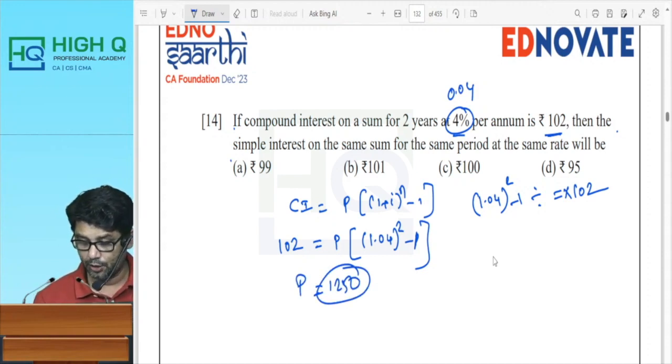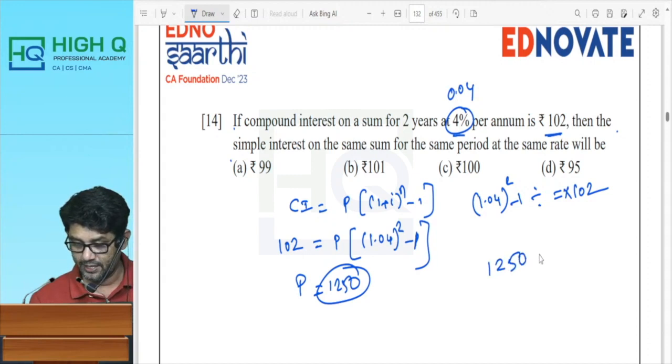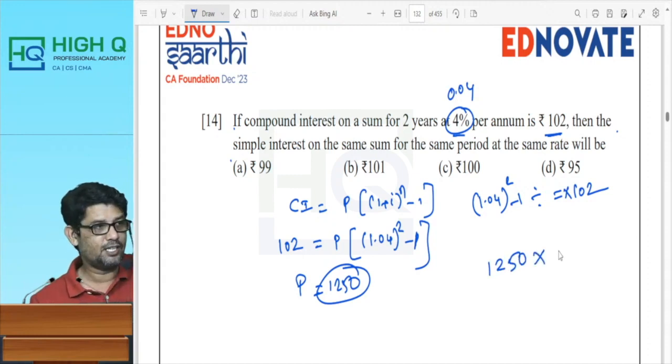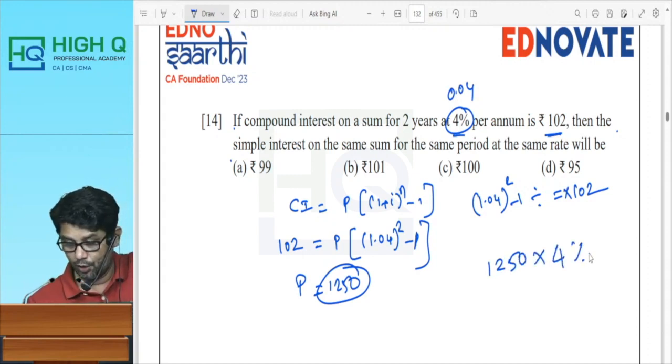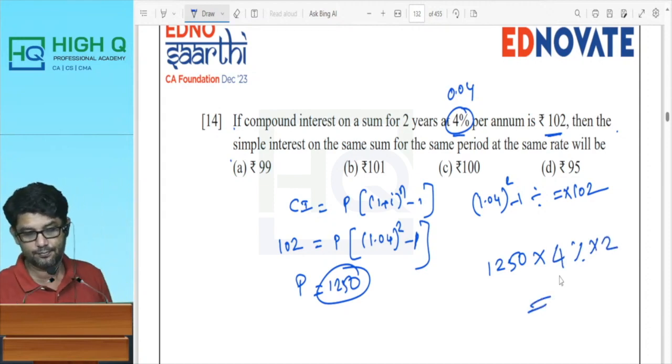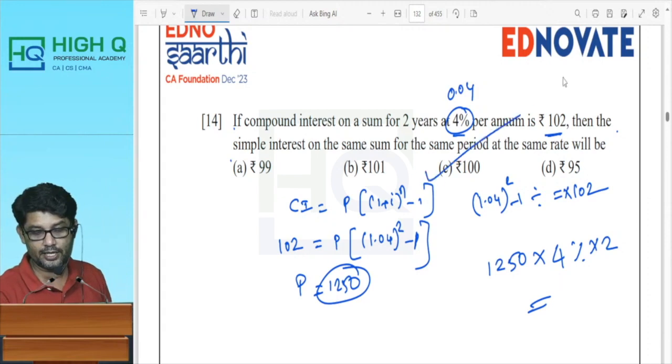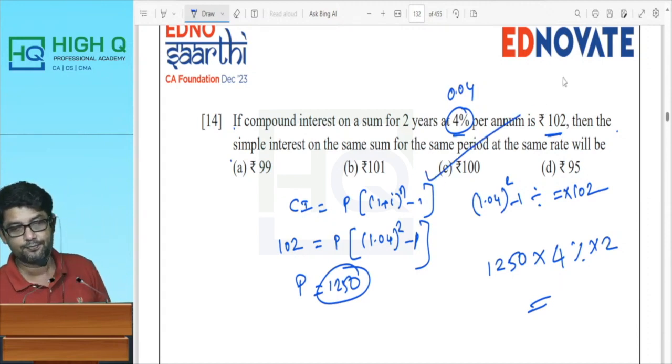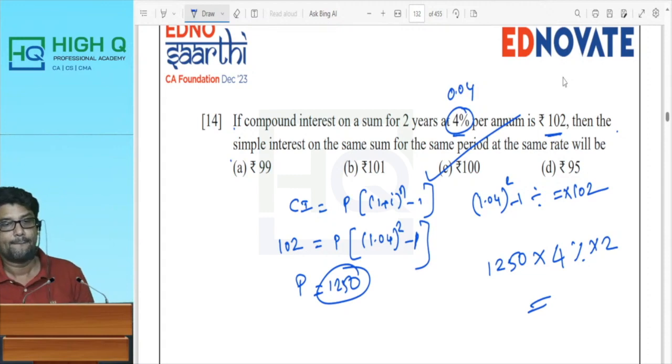Then after that, what you do? 1250, same rate of interest for the same period, 4% into 2. Tell me what you are getting. How much are you getting? I am getting 100. We are getting 100.